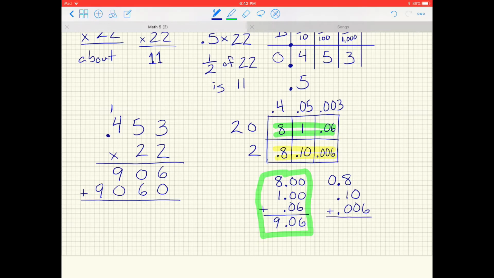Add all those up. And I've got 906 thousandths. And these are all the yellow ones, right?